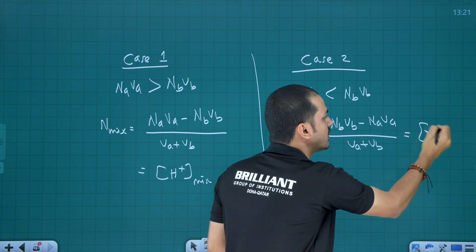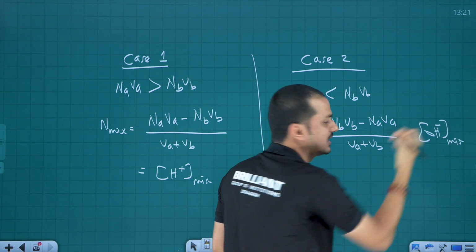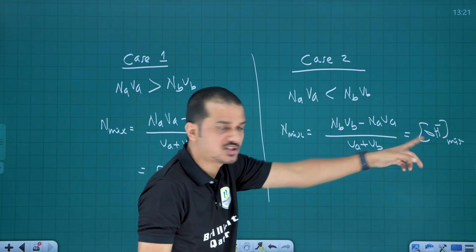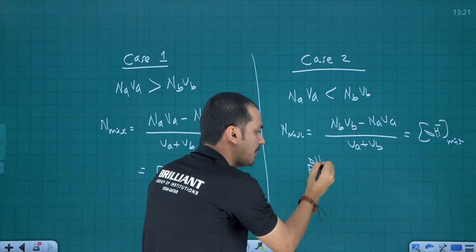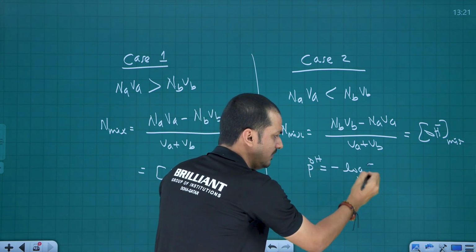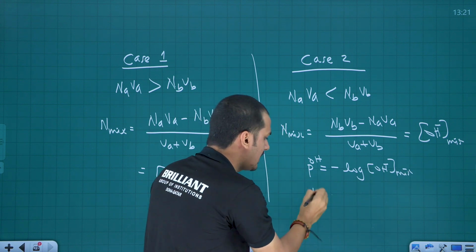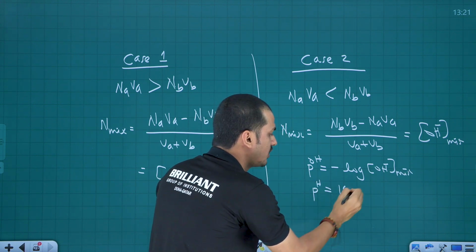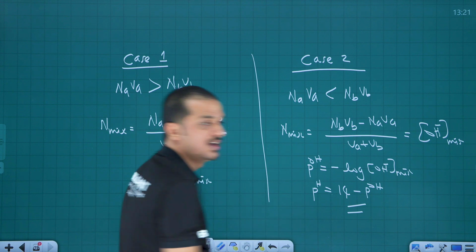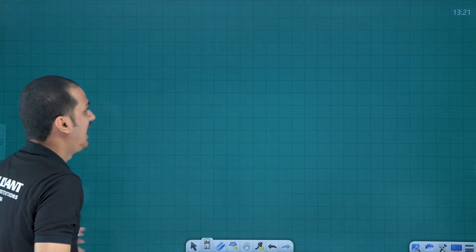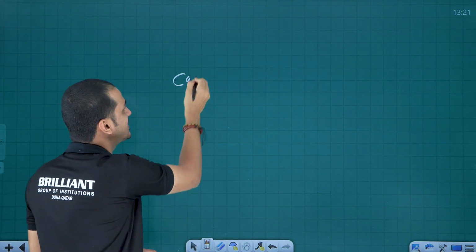So that will be the concentration of OH minus mix. If I know the concentration of OH minus mix, I know how to calculate pOH, minus log concentration of OH minus mix. Then from that I can calculate pH equal to 14 minus pOH.